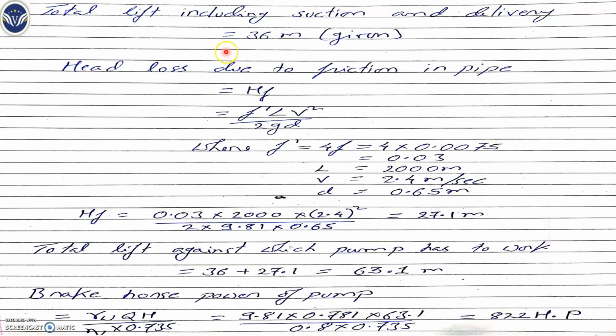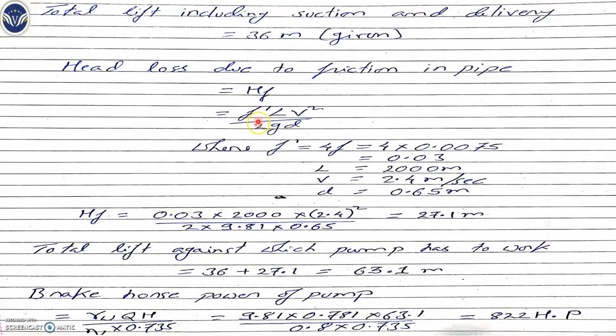Next, he has given the 36 meters. As I have stated, that 36 is nothing but HS plus HD. You need to find HF, which will give your total height. HF is the head loss due to friction.